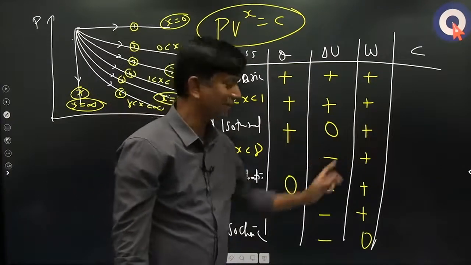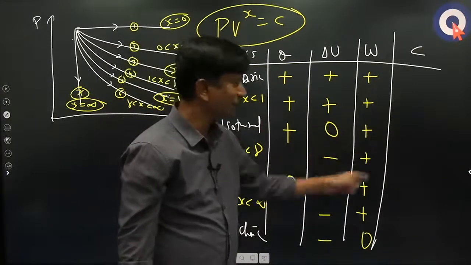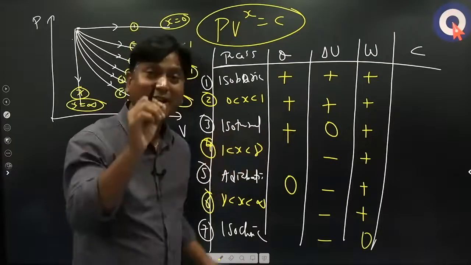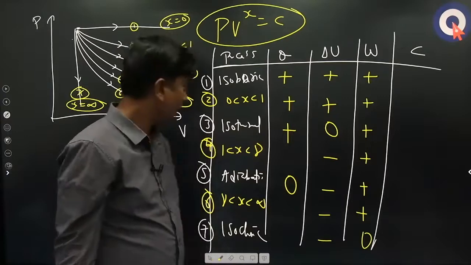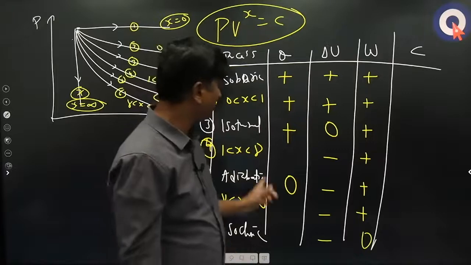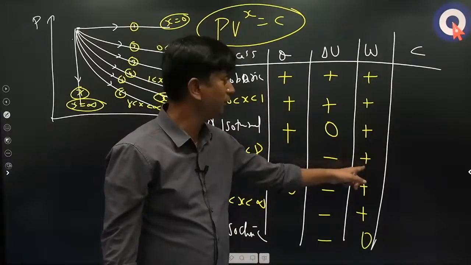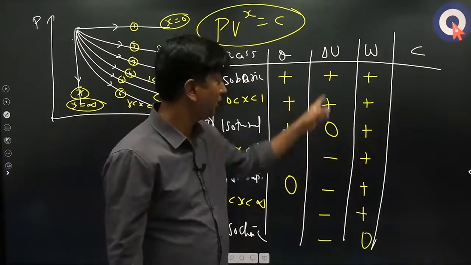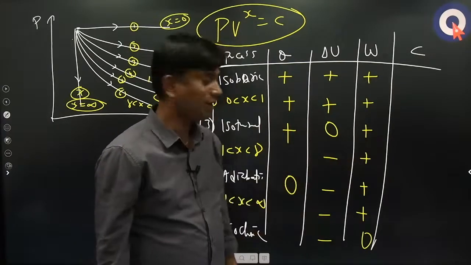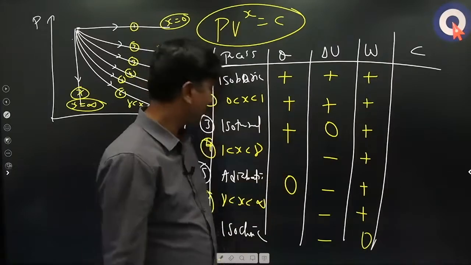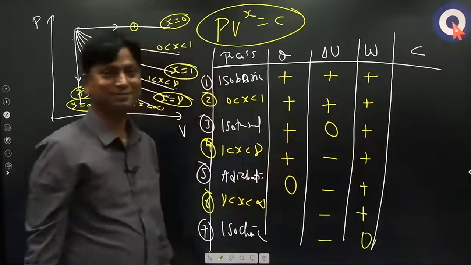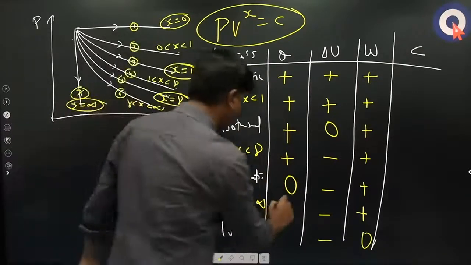Only the problem comes here: negative delta U plus W. Most of our questions will be given in such a way that the value of x is in between 1 and gamma, or sometimes between gamma and infinity. You will observe that volume is increasing, so W is positive, that's fine, and temperature is decreasing, so delta U is negative. So with negative and positive, you cannot suddenly decide Q. But for adiabatic it is 0; above adiabatic it will be positive and below adiabatic it will be negative.